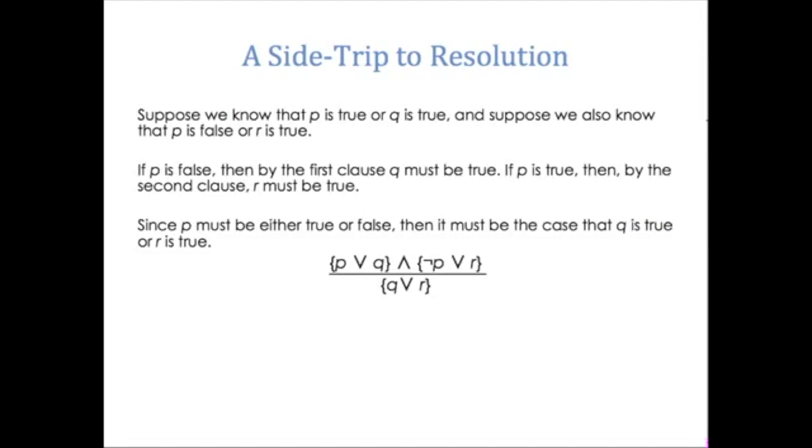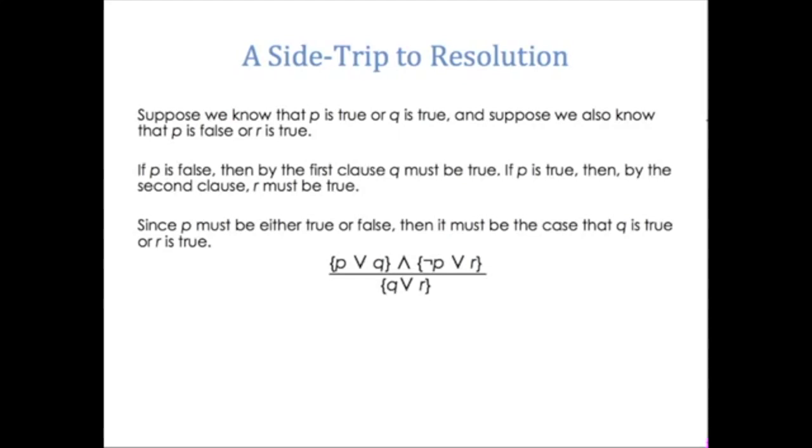So before we get into the rest of the chapter, I want to take a little bit of a side trip to look at resolution. So suppose we know that P is true or Q is true, and suppose we know also that P is false or R is true. Now, let's think about this. If P is false, then by the first clause, Q must be true, right?